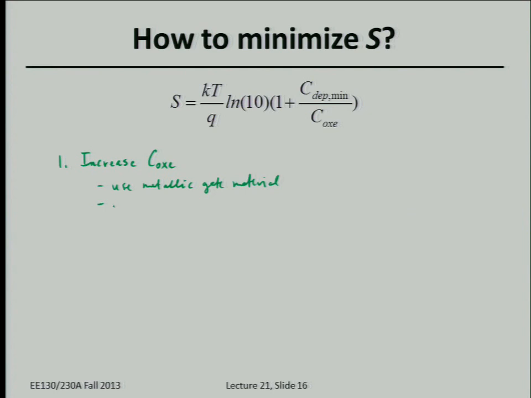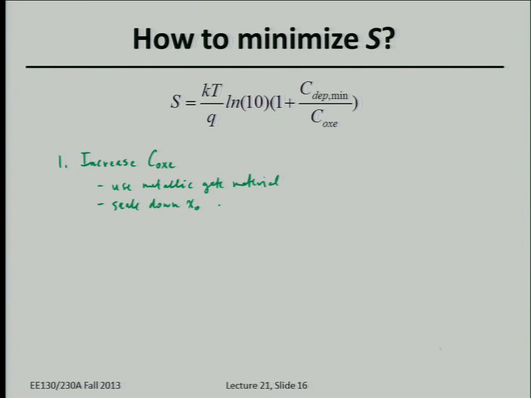Right, so scale down T ox, maybe let's call it X0. But what happens if X0 is too small?